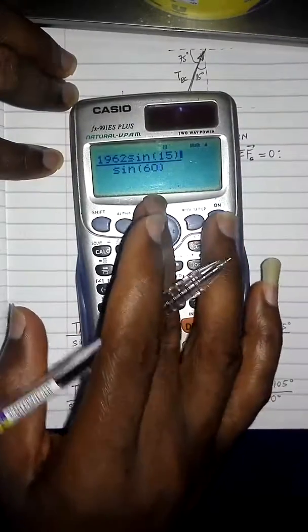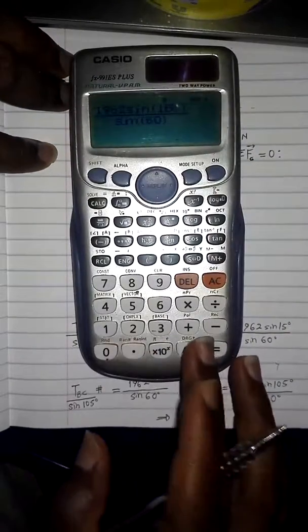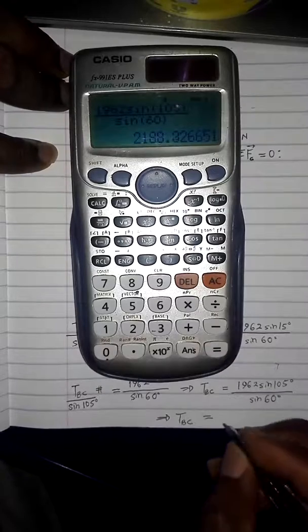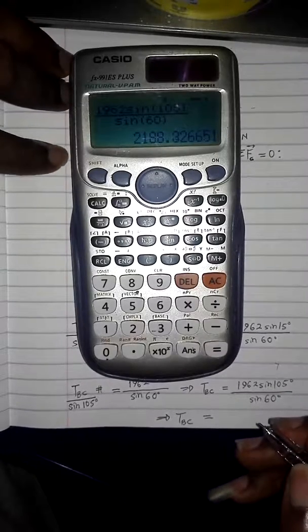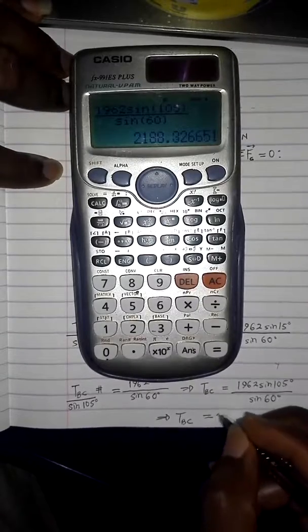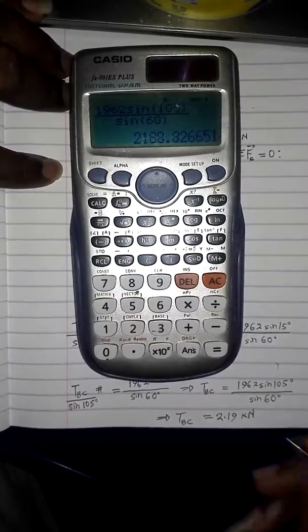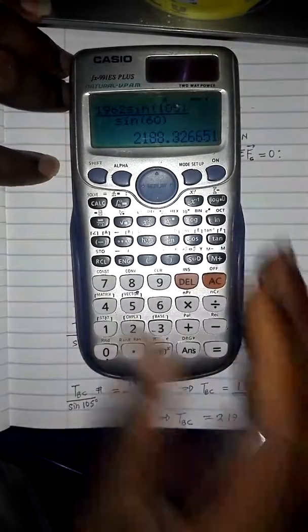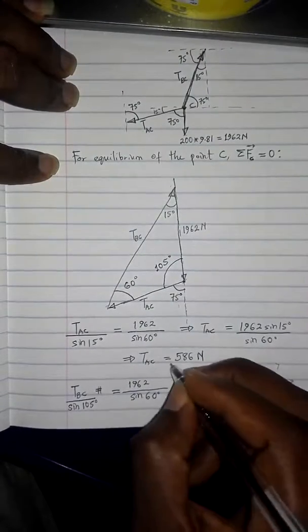Instead of 15, I have 105. So this is 2188. So how do we put that? It's already in 4 significant figures, so I can put this as 2.19 kilonewton. So that is that about that. Right, so we got our answers.